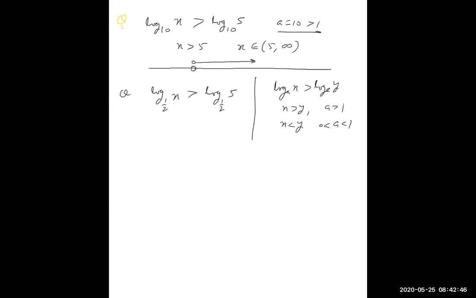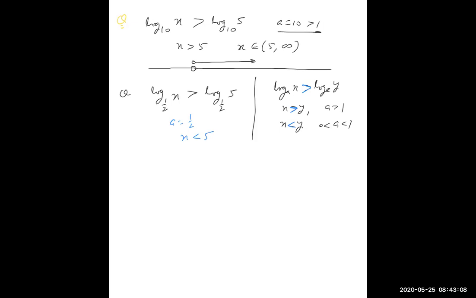So here x greater than y, if base is more than 1. But if base is less than 1, this changes sign. So here what is the base? Base is equal to half, which is less than 1. So now you will have x is less than 5. But this is not the complete answer.